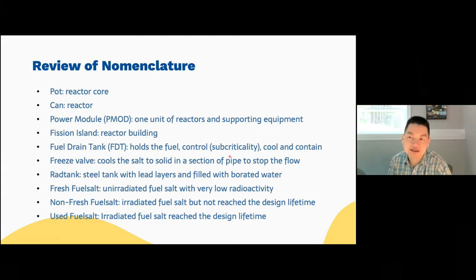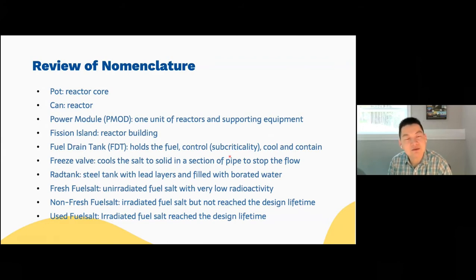Before we go into the details, I'd like to spend a few minutes on the terminologies we're using for ThorCon. We're using slightly different terminologies compared to the traditional nuclear power plant because our design is different and we're using a modular design.